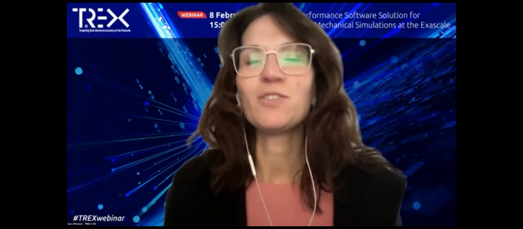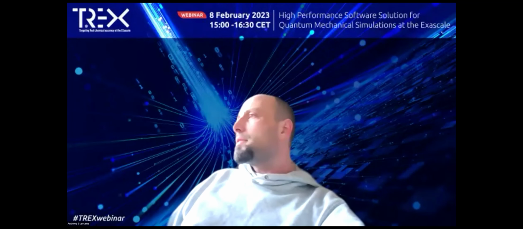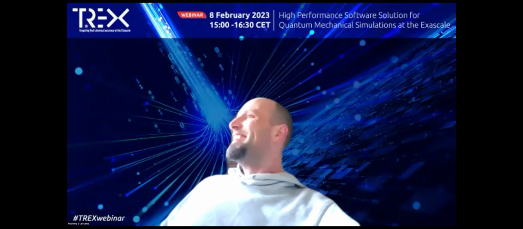These codes must be close to theoretical optimal, so are there low-hanging fruit in terms of performance? I'd like to ask our speakers to respond to Max openly. So is there anybody who wants to take the lead? I can take the question if nobody wants to.